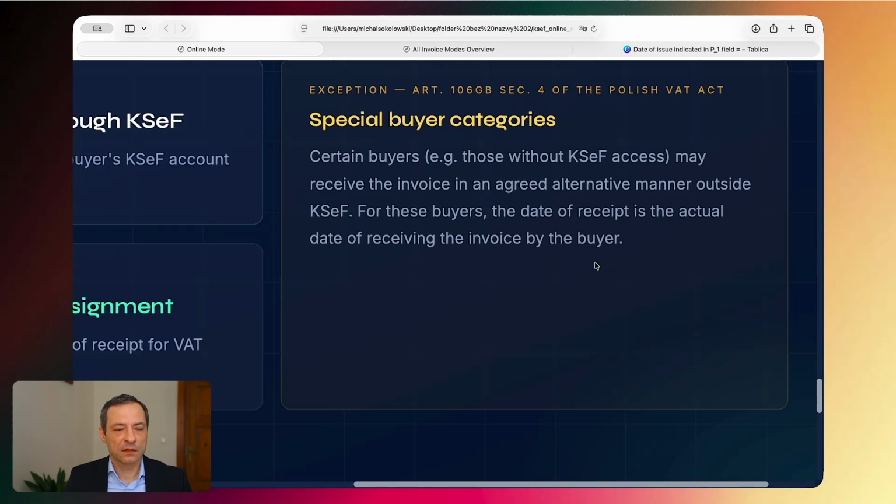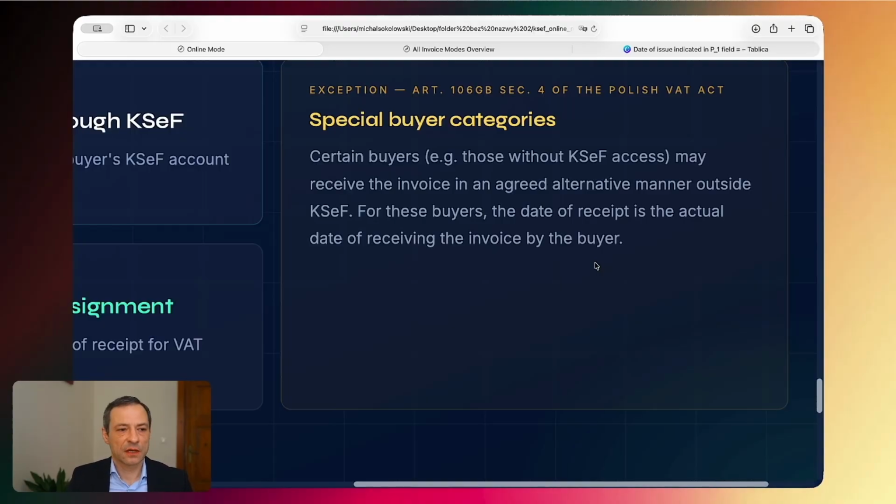But once the invoice was issued, namely the invoice was processed by the Polish National Electronic Invoicing System, and a unique number was generated and assigned to this invoice, then you will be generating a visualization of this invoice in, for example, a PDF file, and you will be giving this PDF file to your foreign customer.